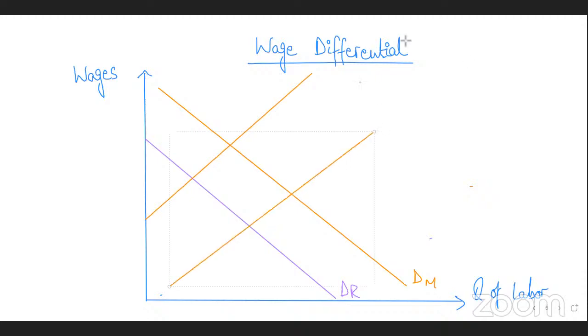Now, which of the two occupations will have greater supply? Preet, which of the two occupations would have greater supply, and can I also know the reason for that? Okay, the supply will be more for the occupation which is easier to join.